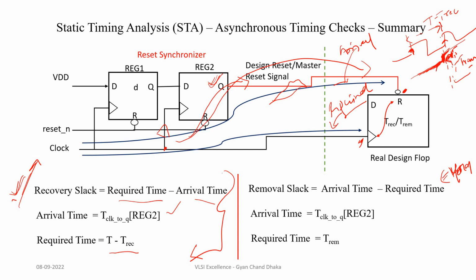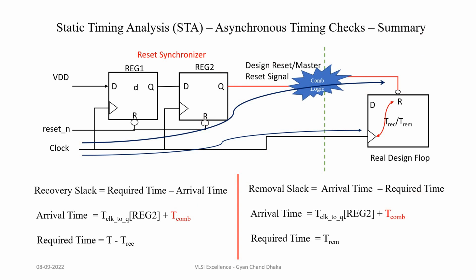The arrival time will be T clock to Q, same as before, and it should be more than the removal time of the flip-flop. So the required time here will be T removal, and the arrival time should be more than the required time to make the removal slack positive. So friends, ideally the concept is very similar to the setup and hold check, but you have to remember that the recovery and removal concepts are there for asynchronous timing paths.